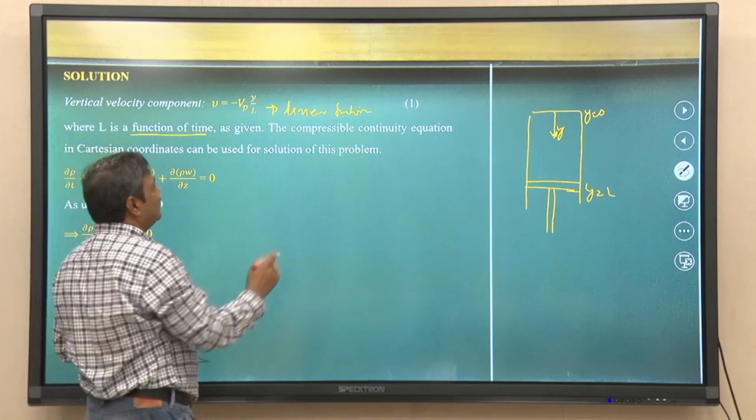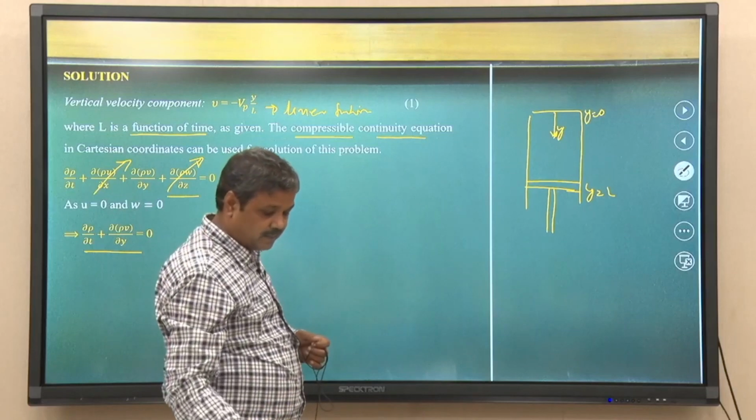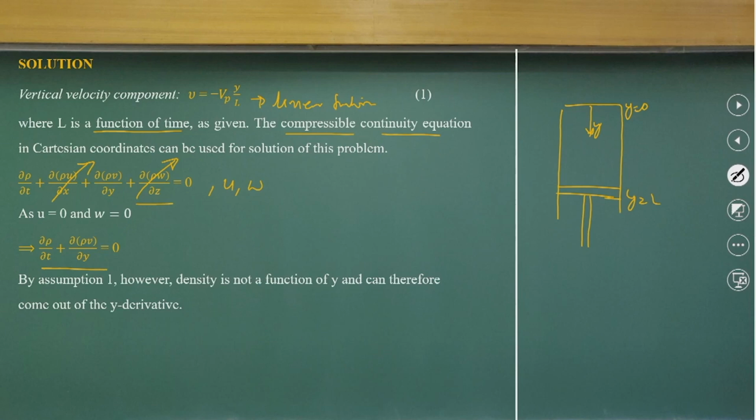Now we are looking at compressible flow, so we have the compressible continuity equation. As we discussed, I can write the continuity equation in this form, where the rho w component is 0, so these terms will be 0. Now, the density is not a function of y.